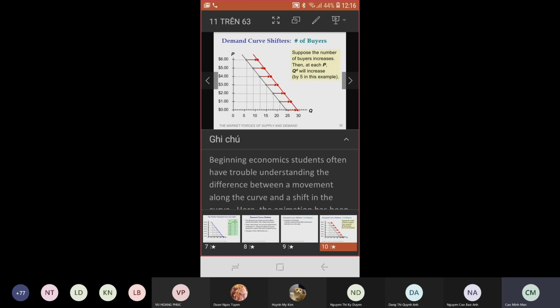And then we link them together. Do you see that? We link up the new points representing the new demand because of the high number of buyers. We link them together. We have a new demand curve.